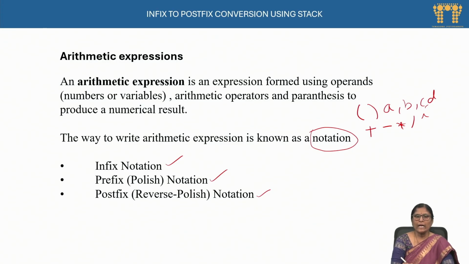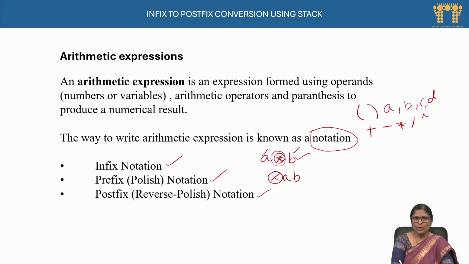So what is an infix notation? In infix notation, the operator always exists between the two operands. Here A and B are the operands, and in between is an operator. An expression of this form is said to be in infix notation. Next, prefix notation: here the operator is followed by the operands.